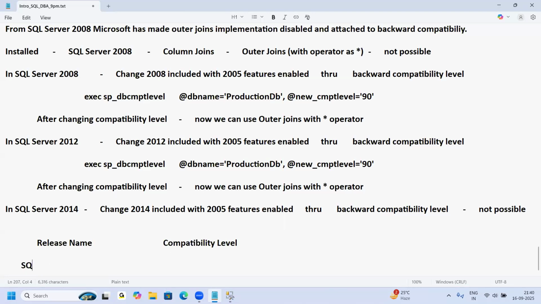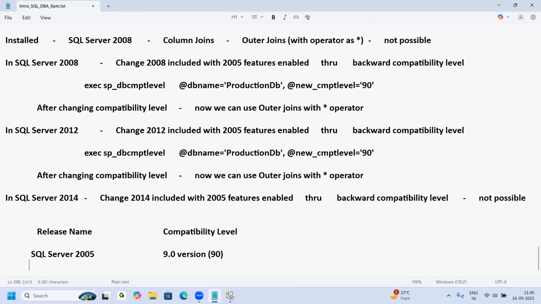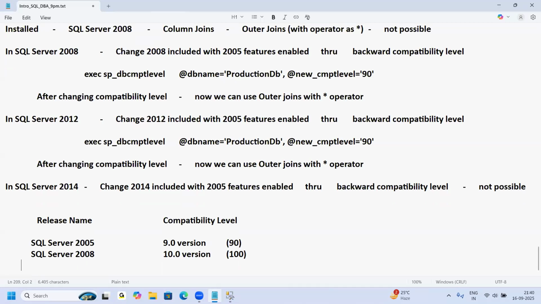SQL Server 2005 is version 9.0, called 90. SQL Server 2008 is version 10.0, and the compatibility level is 100.